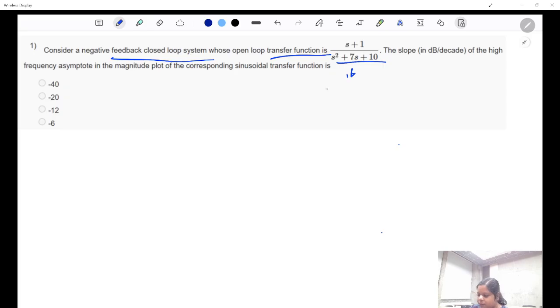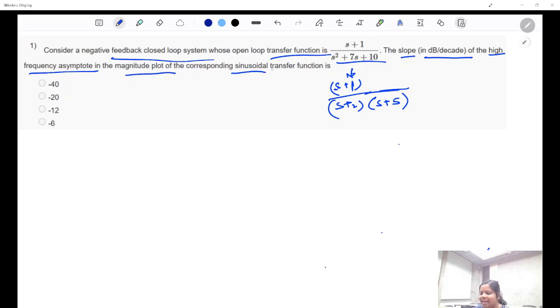If you factor it, it would be (s plus 1) upon (s plus 2)(s plus 5). Now, the slope in dB per decade of the high frequency asymptote in the magnitude plot of the corresponding sinusoidal transfer function is what?